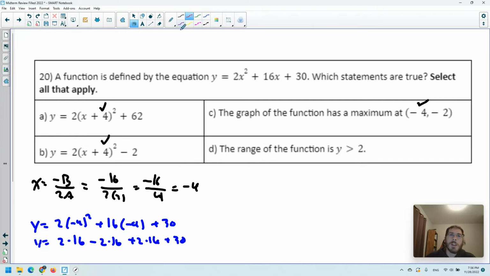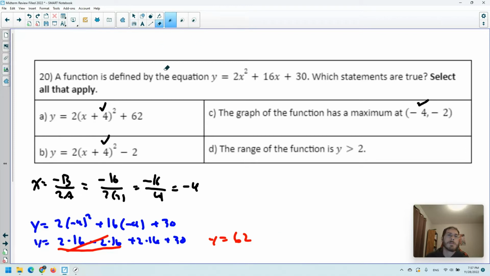Again, I'm splitting it up so I can do it in my head a little easier, because I know those would then cancel. So 2 times 16 is 32 plus 30, so y equals 62. Is that right?